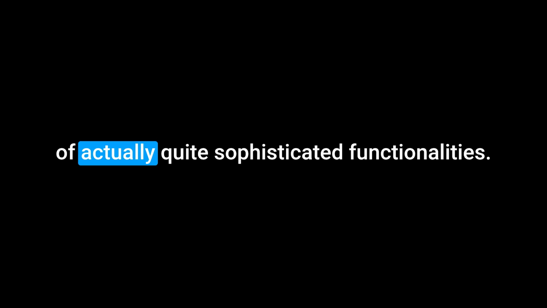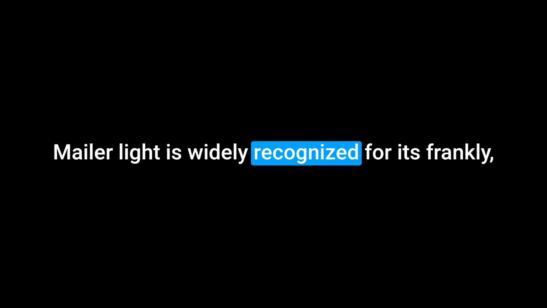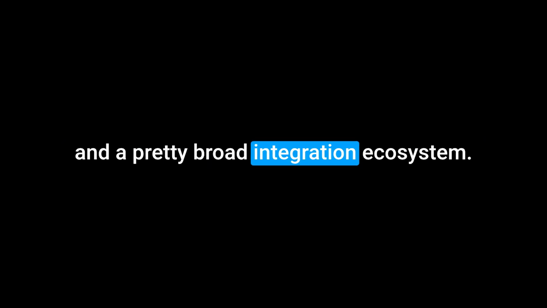But their foundational light philosophy isn't really about being basic. It truly prioritizes simplicity and ease of use, even while integrating a remarkably robust suite of actually quite sophisticated functionalities. Okay, so light means easy, not weak. Exactly. Don't let that name fool you. MailerLite is widely recognized for its, frankly, highly valuable free plan, which we'll get into. Also, extensive automation capabilities, versatile website and landing page builders, and a pretty broad integration ecosystem.